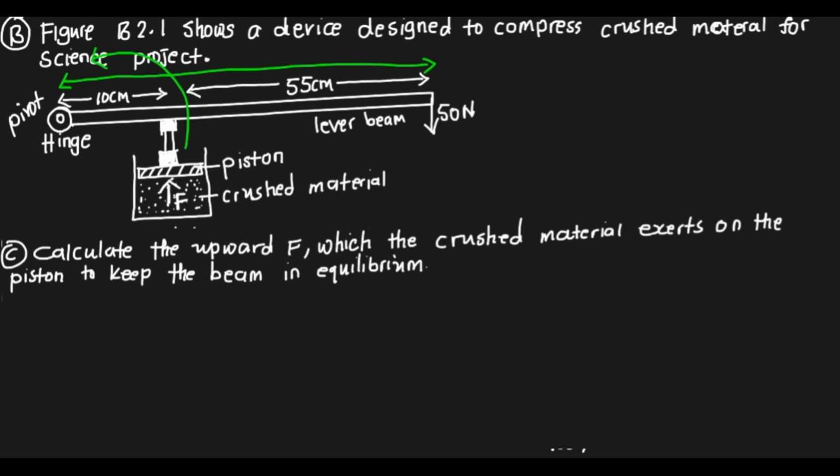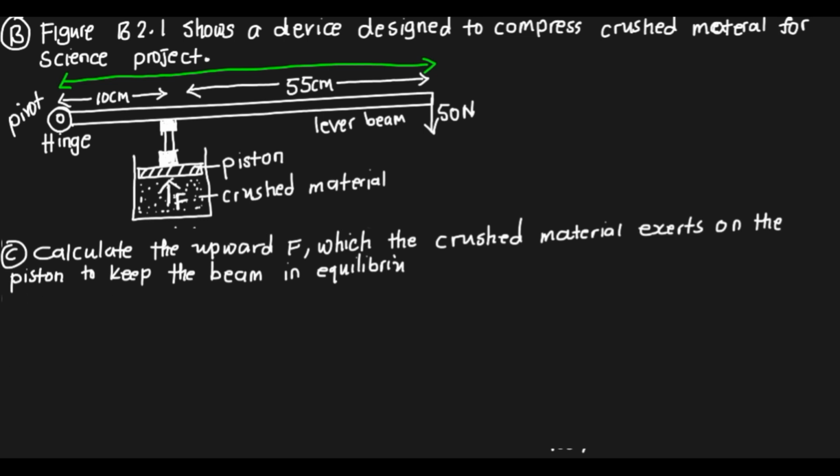Then the downward, this force of 50 is, so we can see the two moments that we have here. So this one is clockwise, then this one is anti-clockwise. So we are going to use the principle for something to balance under equilibrium.